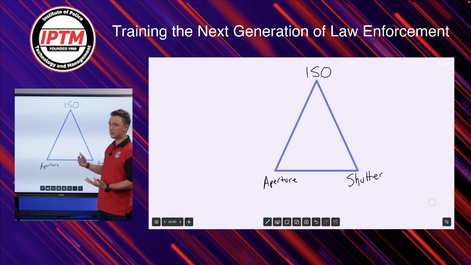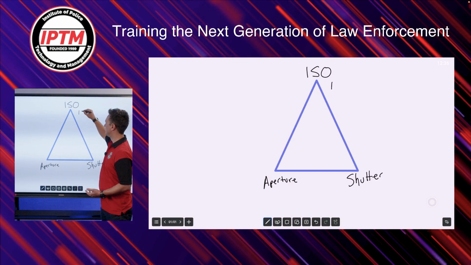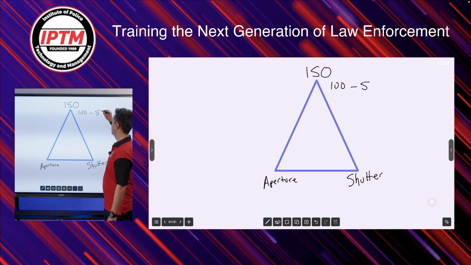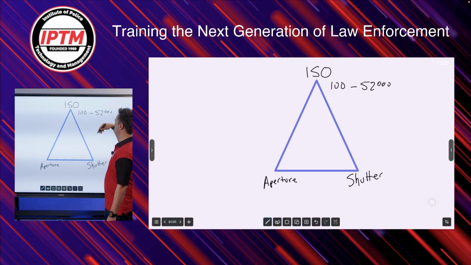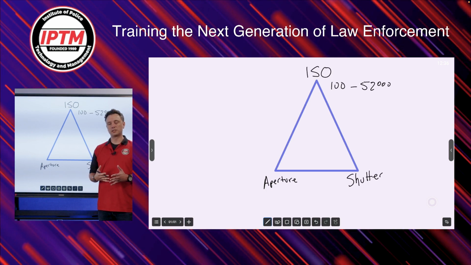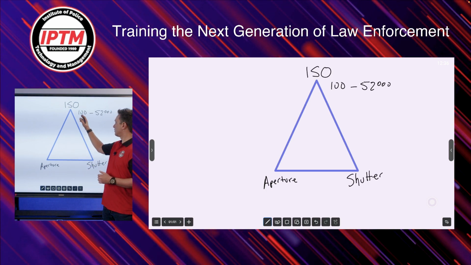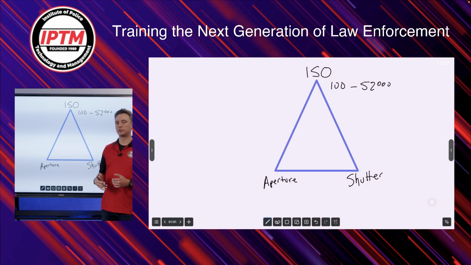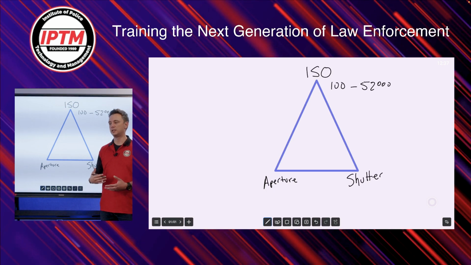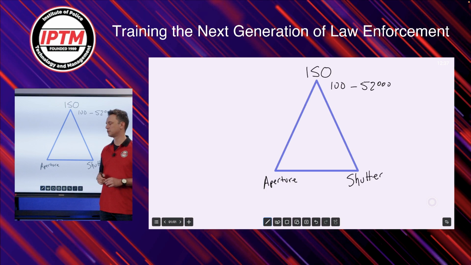ISOs typically range from anywhere between about 100 at the lowest up to 52,000. For your purposes, mostly you want to stick as low as possible on your ISO so you don't introduce too much grain or digital noise into your photo, so you can see all the details best.